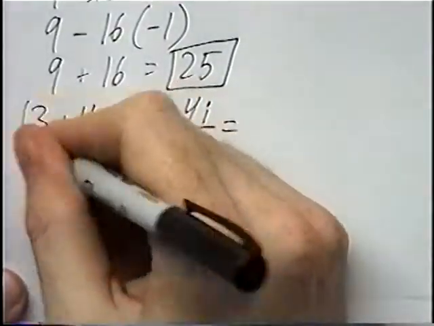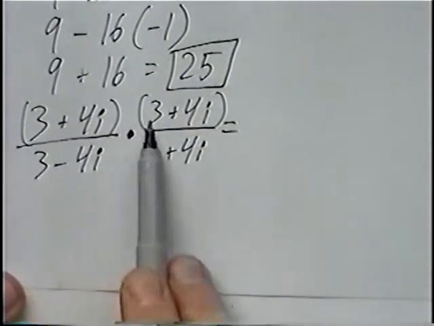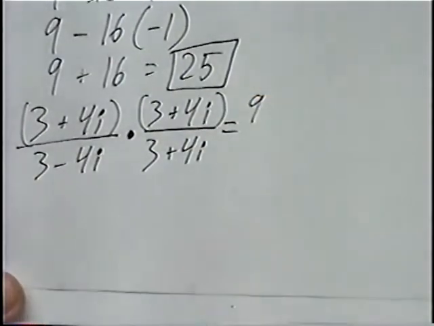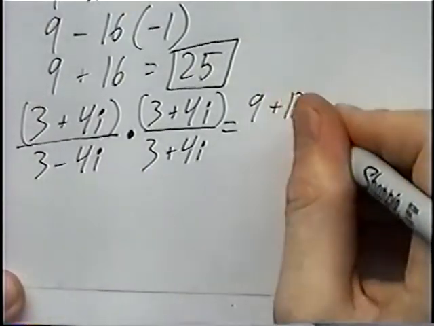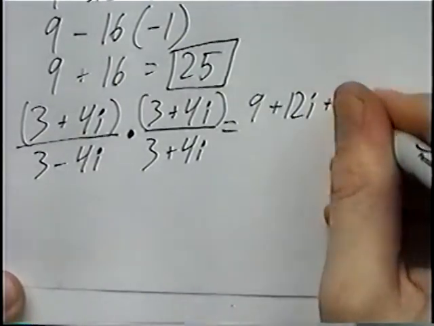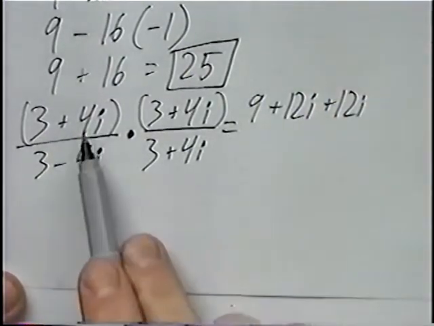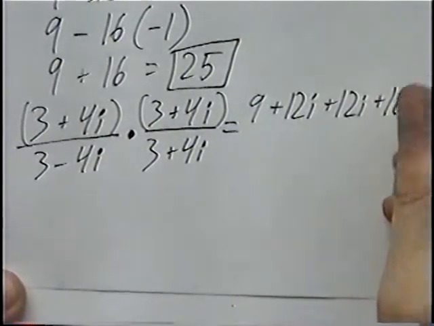Multiplying the numerators, we can multiply using FOIL. 3 times 3 would be 9. 3 times 4i would be 12i. 4i times 3 would be 12i. And 4i times 4i would be 16 i squared.